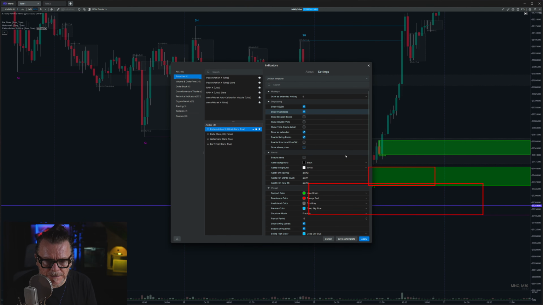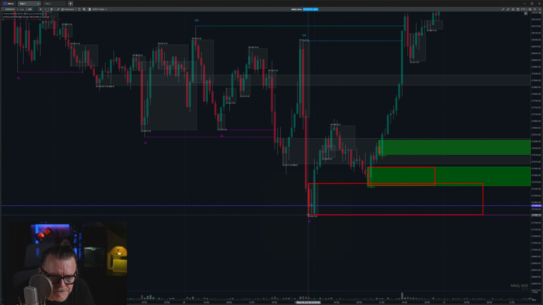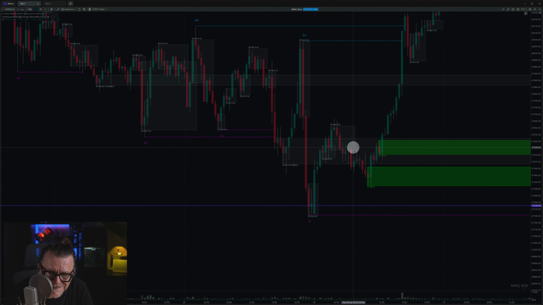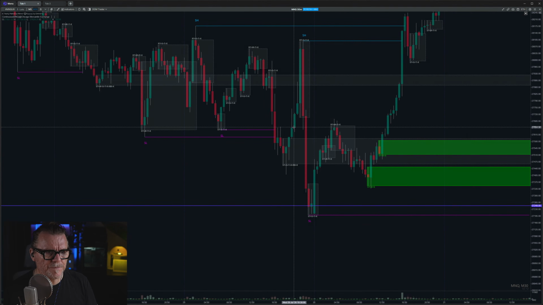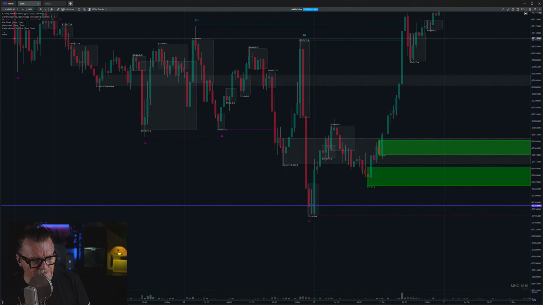Show invalidated. See that? When I click at that and basically invalidated, I change the color a little so that we see it better. See that? It's already here. There are also the invalidated order blocks and breaker blocks. See this order block? Do you see this order block, which I said that invalidated this one?